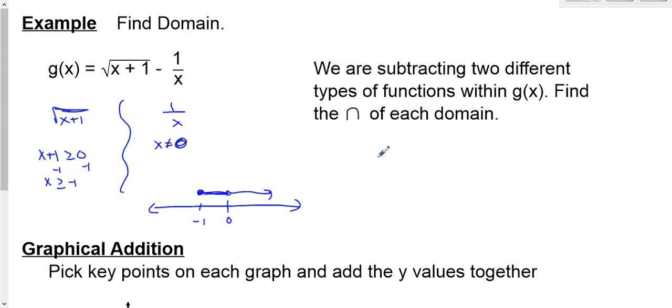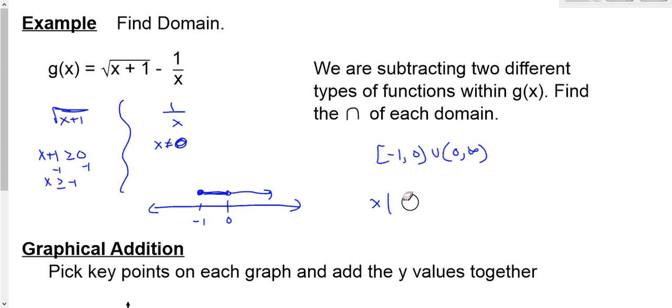So what that means is, as far as interval notation goes, I am going to go from negative 1 to 0 with a parenthesis at 0, union, and then I'm going to go from 0 to infinity. And I could say x such that x cannot equal, oops, I'm sorry.